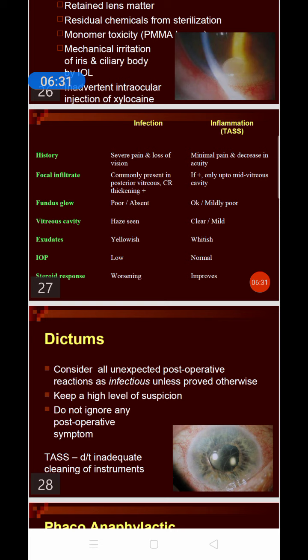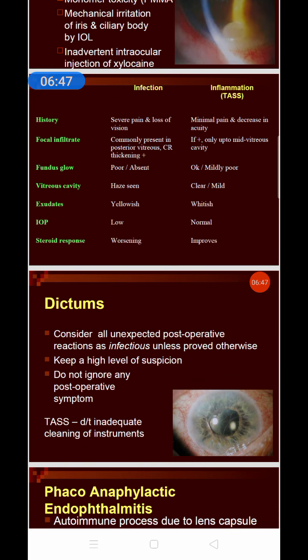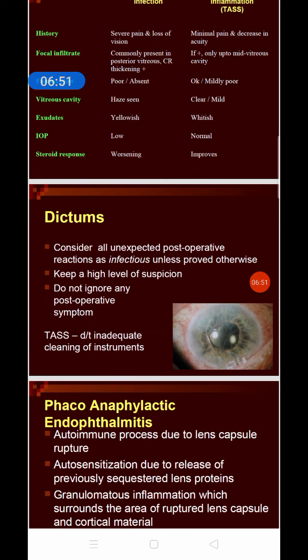It could be clear in TASS or maybe a mild haze may be there. Exudates are yellowish in infection, whereas in inflammation they are whitish. IOP is usually normal in TASS but may be decreased in infection. And with steroids, it worsens in infection but improves with TASS.